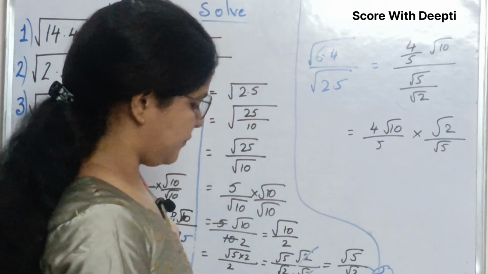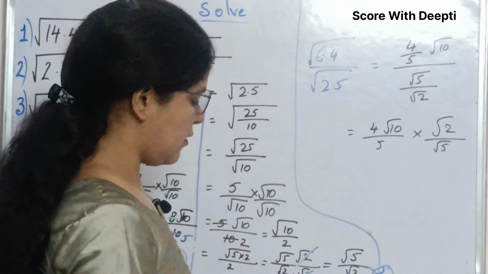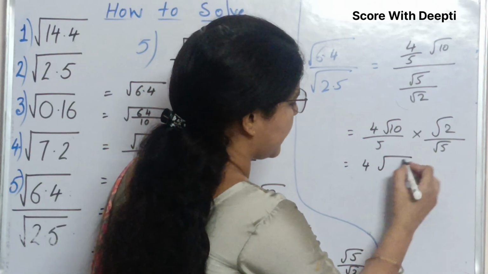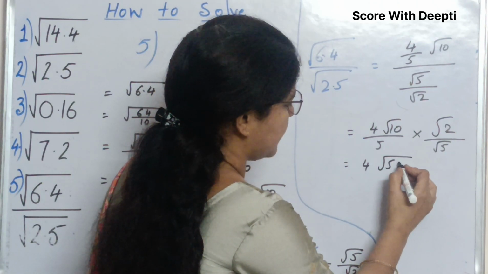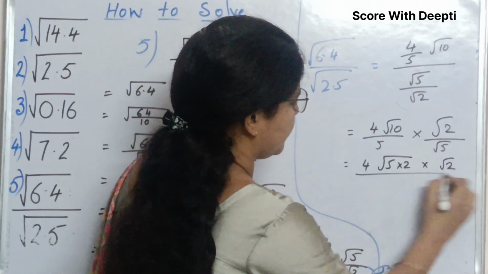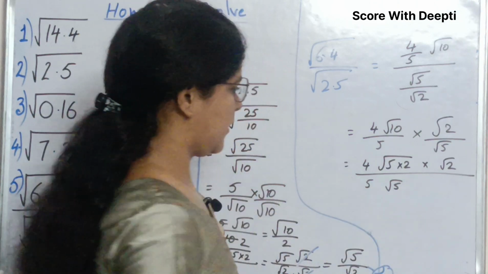So next, to find the value of this, first we write 4 square root 10 as square root 5 into square root 2 into square root 2 over 5 into square root 5.